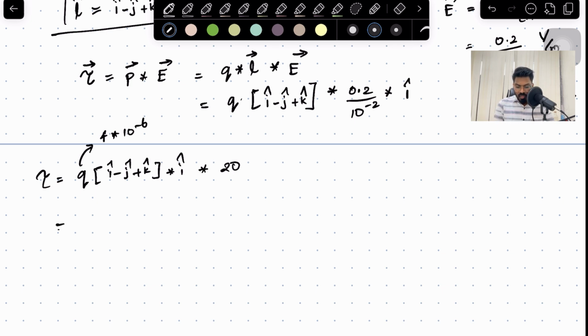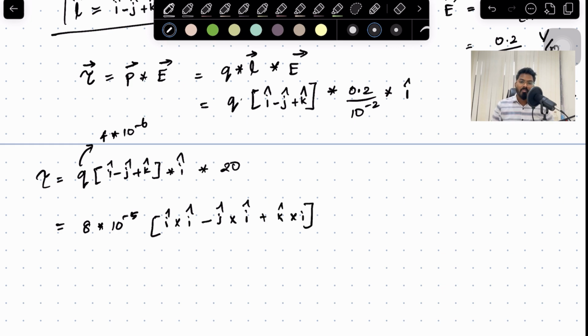So if you do that, you get 8 into 10 to the power minus 5, and then I cap cross I cap minus J cap cross I cap plus K cap cross I cap. Now this is very important. I am not mentioning it as a dot or an asterisk. I am very particular about mentioning it as cross.